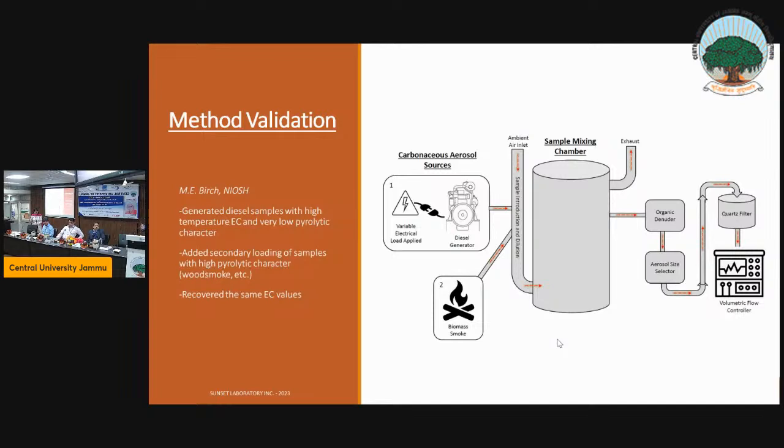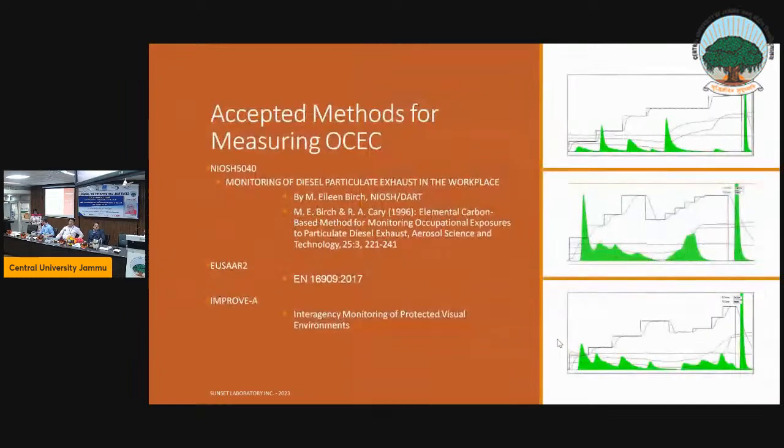And then obviously it worked, because I wouldn't be standing here. But they did this over and over again. There's a paper, I think published around 98 or 99, that goes through all of this. Actually, 96 is the original instrument development, but the method validation occurred a few years later.